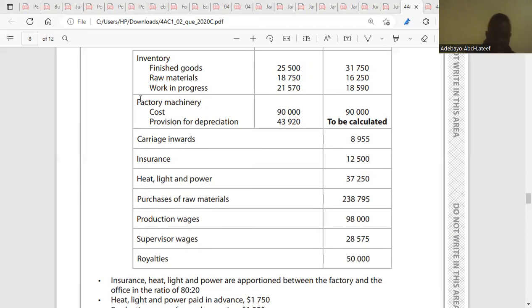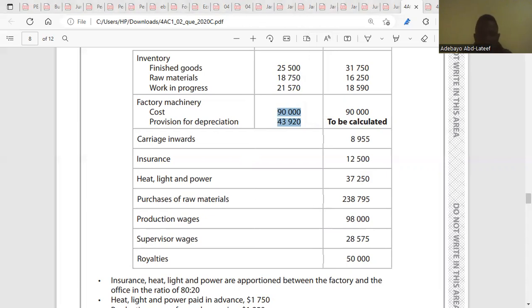That gives us 46,080. I highlighted it already, 90,000 and this.